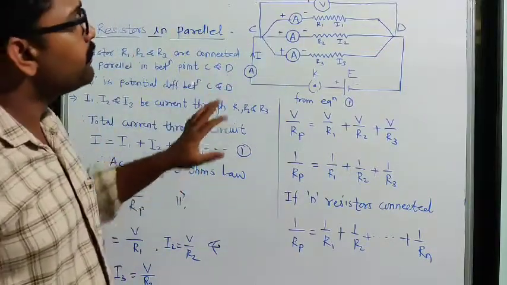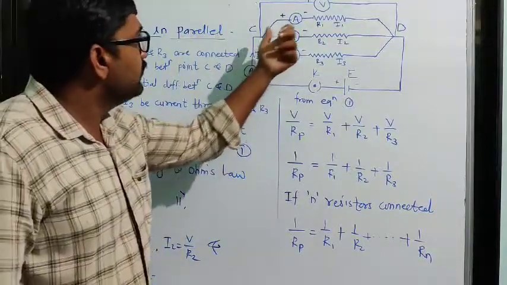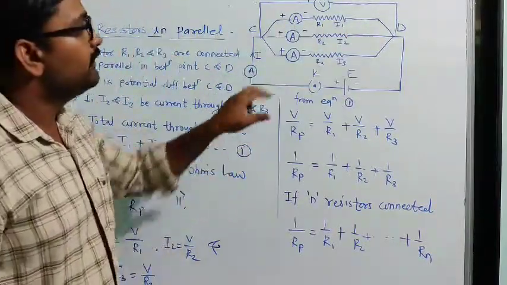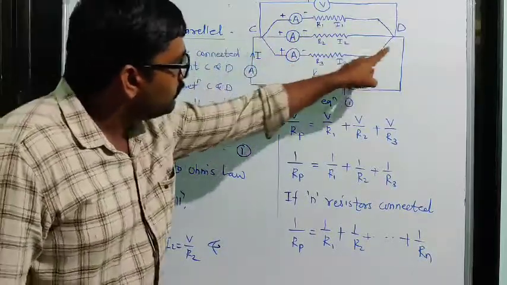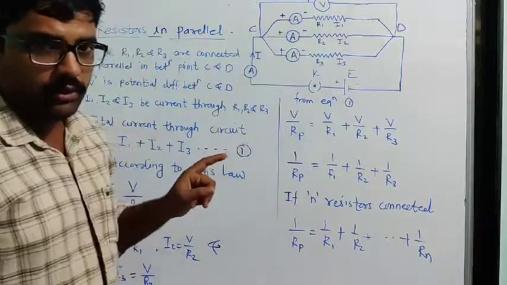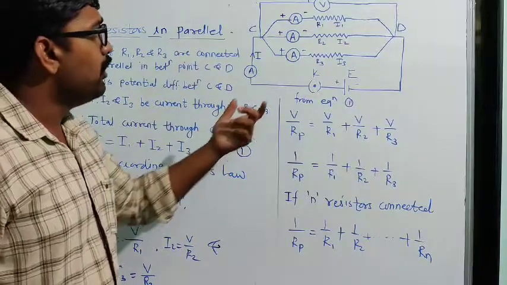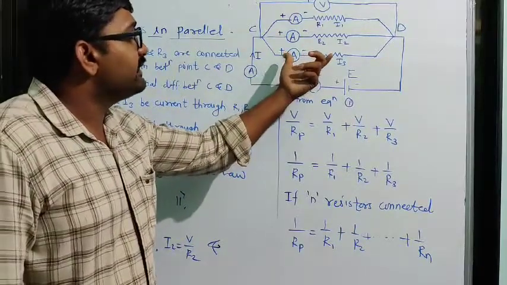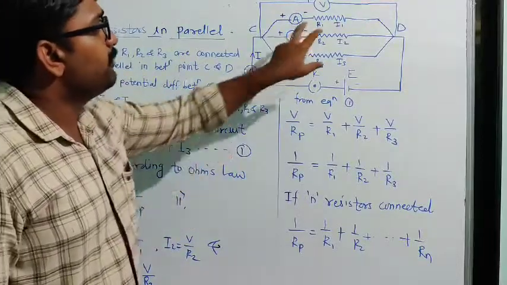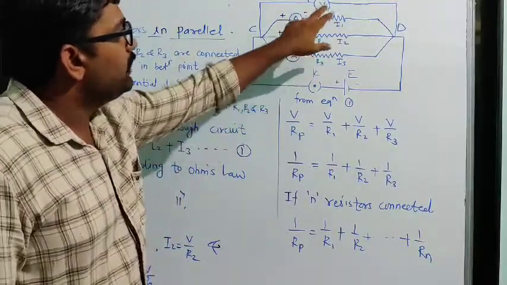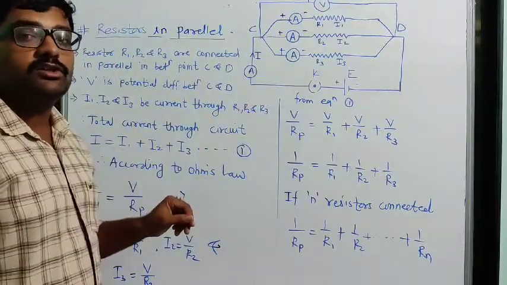Here we connect our voltmeter between points C and D, which will tell us the potential difference between points C and D. We know that due to the connection of these resistors, some potential difference develops between points C and D. To measure that potential difference we have to connect one voltmeter, because a voltmeter is used to measure potential difference.